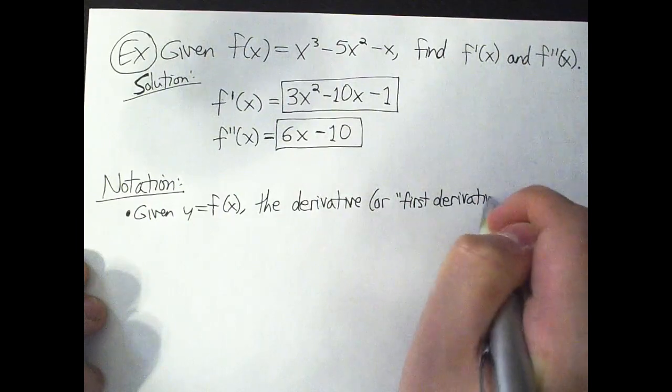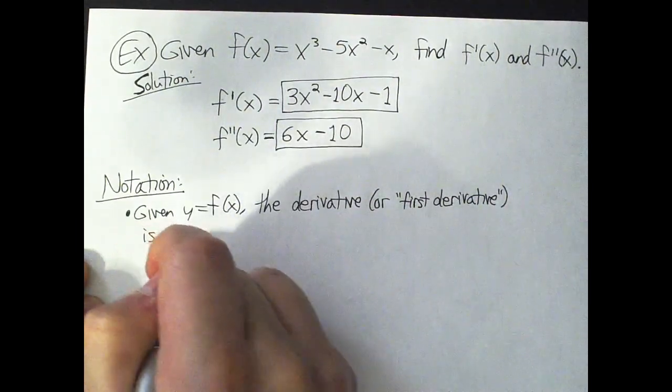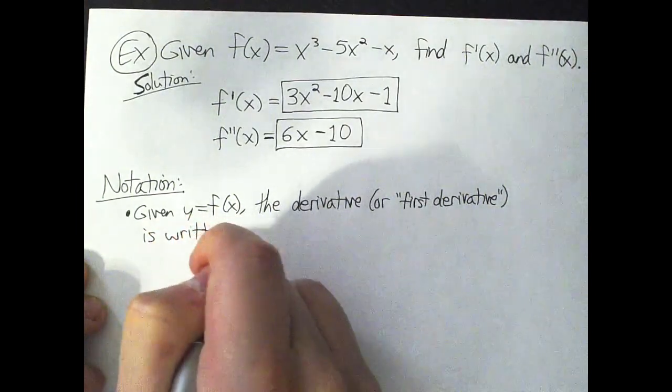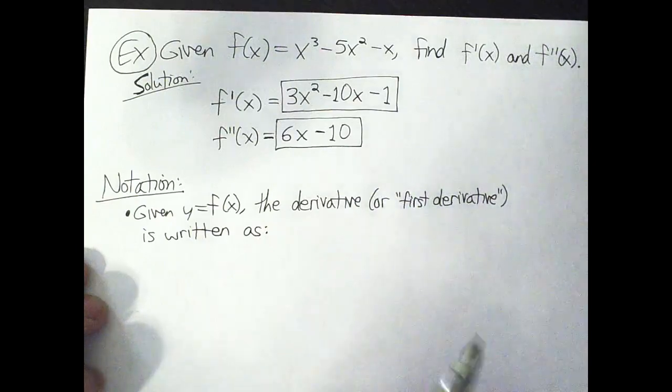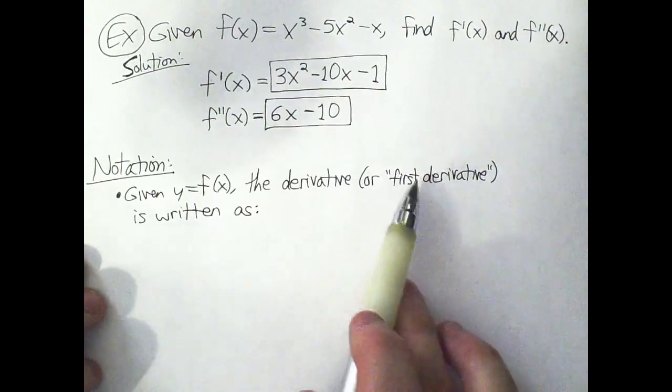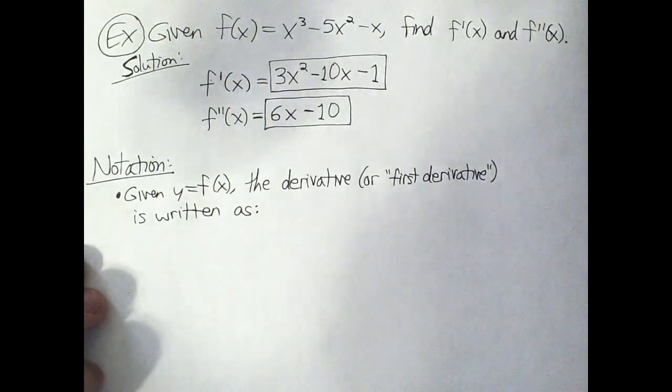You know, because if we're going to take the derivative more than once, if we're going to talk about the second derivative and maybe something like a third derivative or a fourth derivative, we might want to just sometimes call the first one the first derivative, okay?